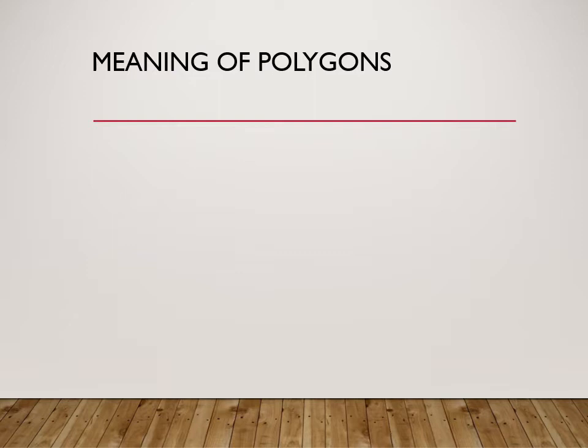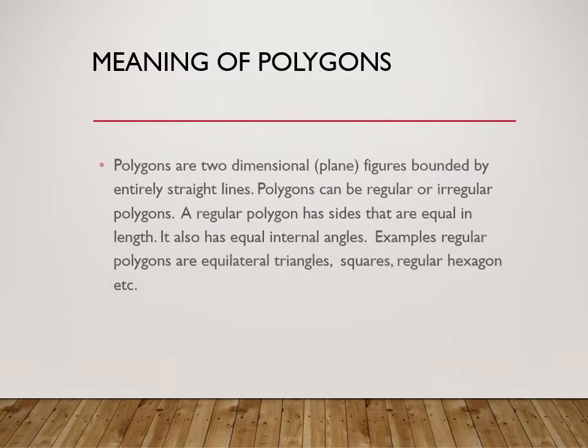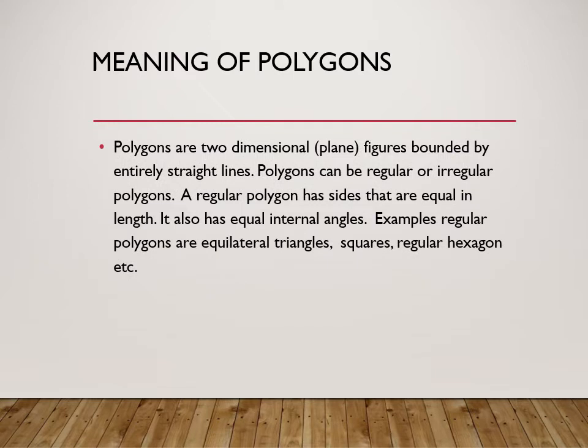So we go straight to the meaning of polygons. Polygons are two-dimensional, or what we call plane, figures bounded by entirely straight lines. Polygons can be regular, they can be irregular. If a polygon is a regular polygon, it will have sides that are equal in length.